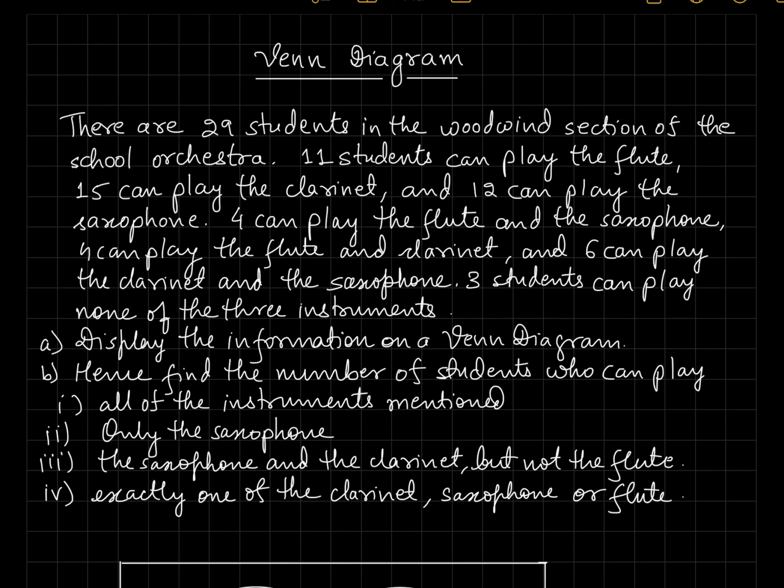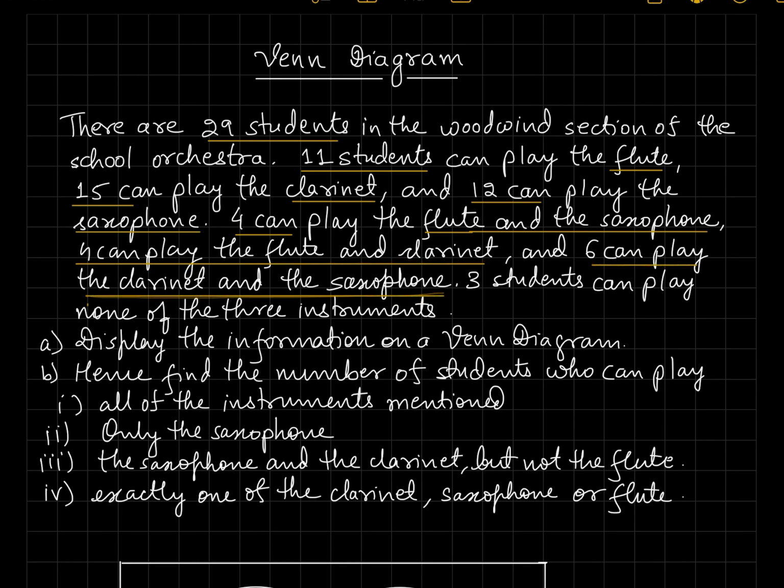The question says there are 29 students in the woodwind section of the school orchestra. 11 students can play the flute, 15 can play the clarinet, and 12 can play the saxophone. 4 can play flute and saxophone together, 4 can play the flute and clarinet, and 6 can play the clarinet and saxophone. 3 students play none of the 3 instruments.